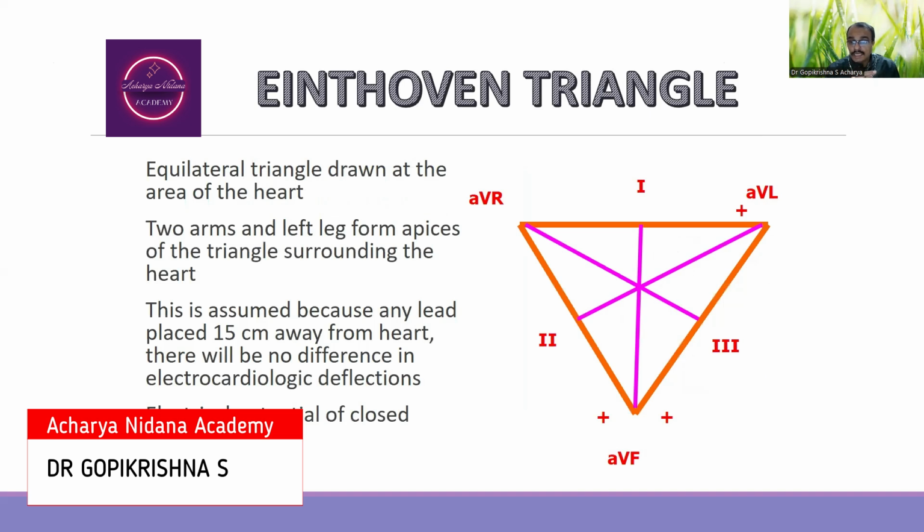This is what we call Einthoven's triangle. Here the Einthoven's triangle is derived based on the concept of depolarization. That is what we can say the electrocardiographic recording is happening, where the leads are being placed 15 centimeters away from the heart.